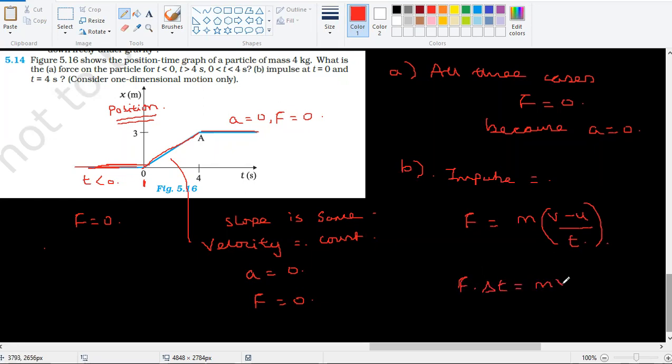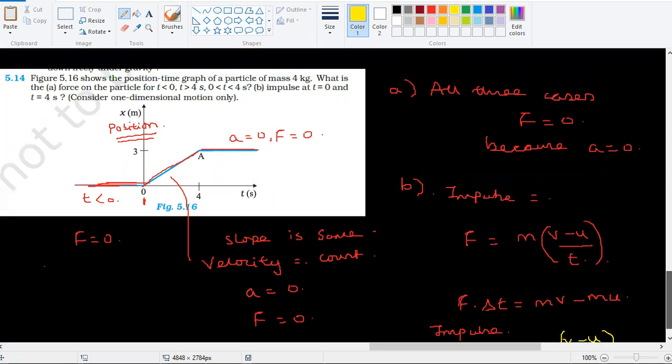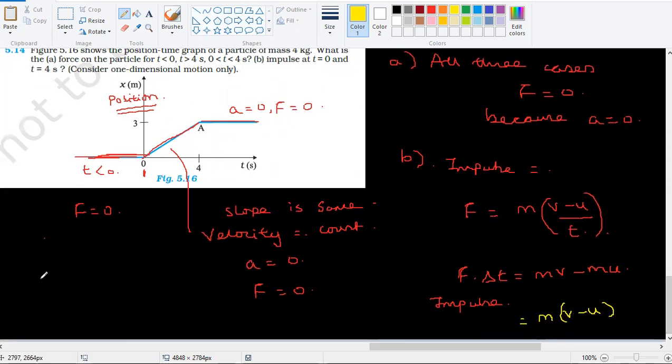When the impulse is at 0, v is 0.75, that's 3 divided by 4. So mass is 4 kilos. That's basically 4 into (0 minus 0.75), which is minus 3 kg meter per second when time is equal to 0 seconds.